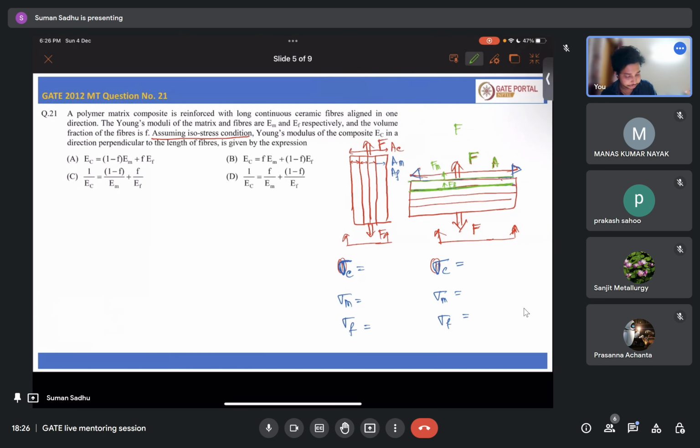In case of transverse direction I am talking, so fm is equal to ff, which will be equal to f. So force is also same. So sigma c will be f by a in this case also. For matrix also it is f by a, and for fiber also it is f by a, right? Since this is the isostress condition.